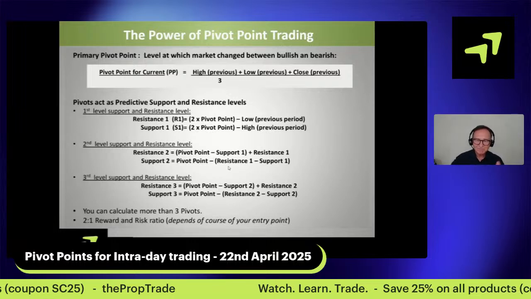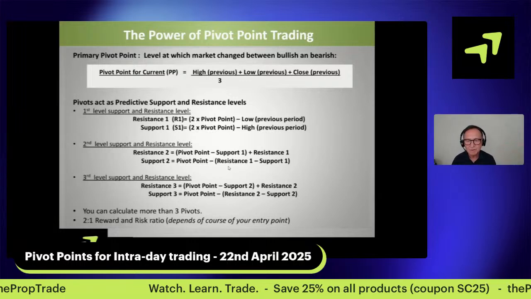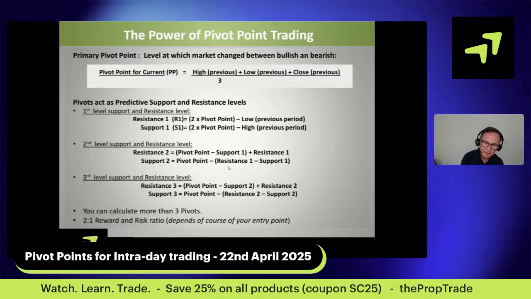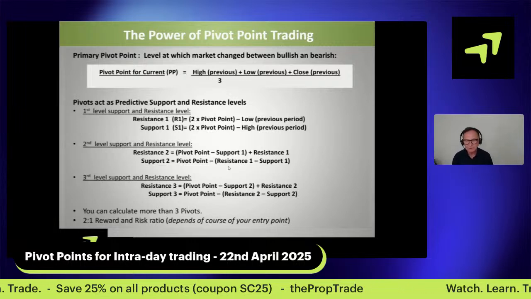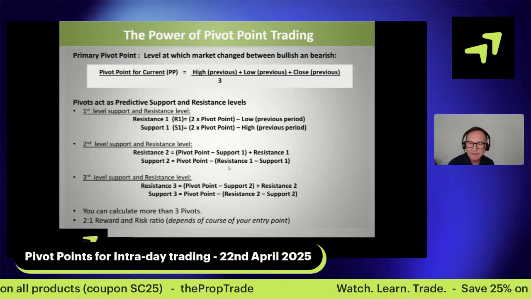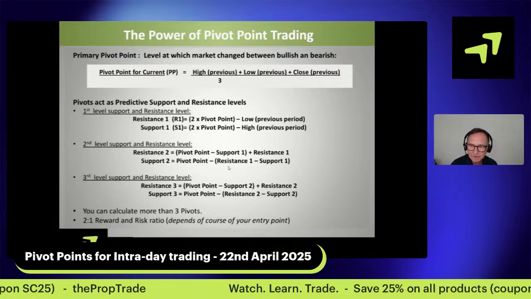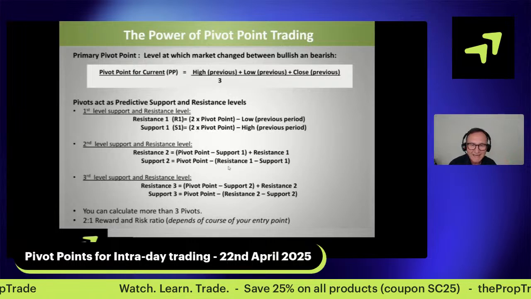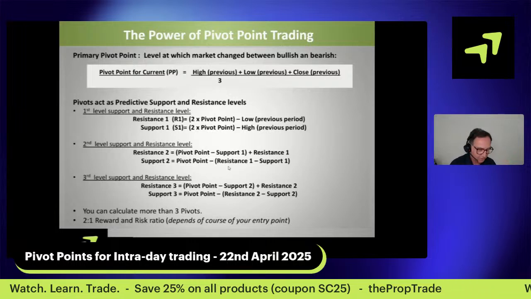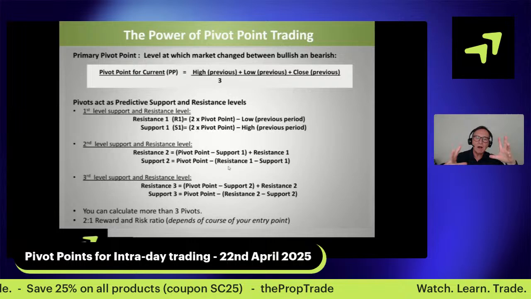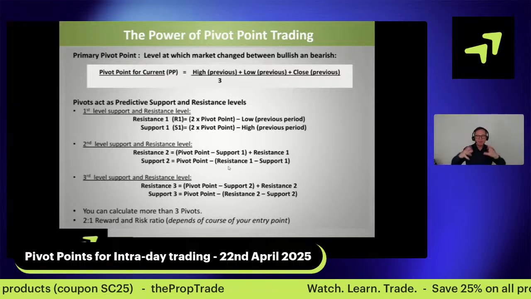Therefore, she doesn't really use S2 and S3 or R2 and R3. But anyway, that's just her particular style. They're the ones that are most active and they're the ones that cause action. So she sets up alarms when these areas are getting hit.